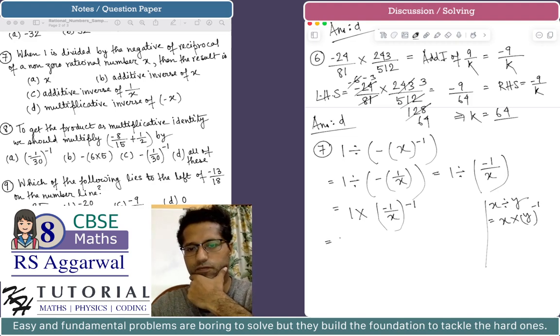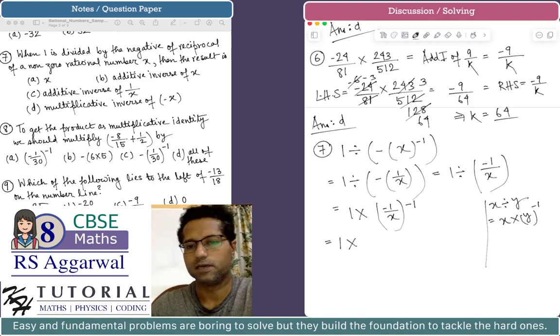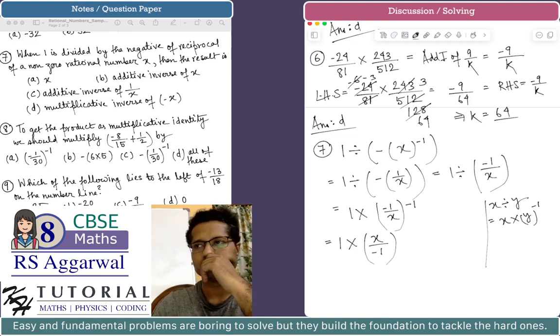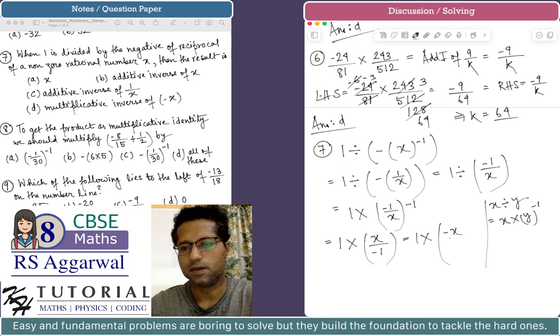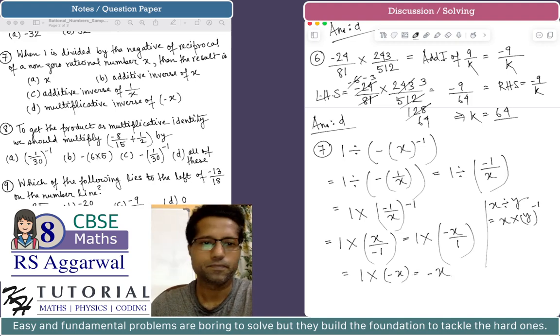We just change the numerator and the denominator. Now x by minus 1 is a rational number with the denominator minus 1. We have to make the denominator positive, so this becomes minus x by 1. Now this is equal to 1 multiplied by minus x, which is equal to minus x.